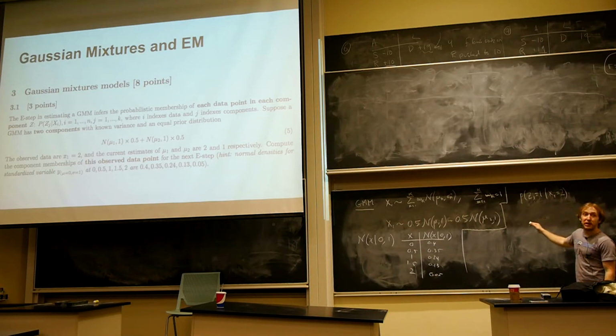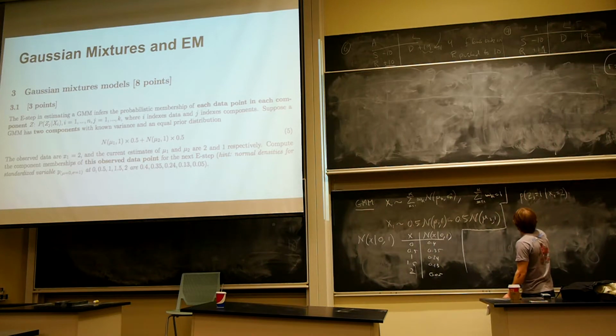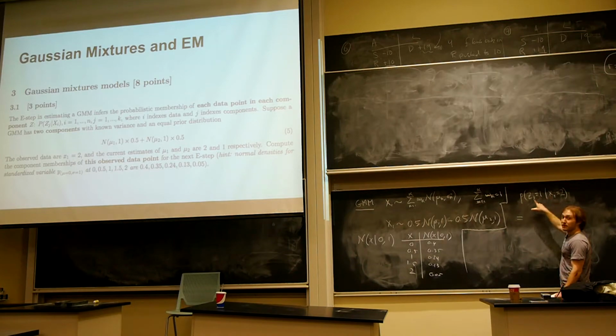So how do we compute this? The first thing we want to do is apply Bayes' law, which you probably remember. Writing it out, this is the probability of x given z times the marginal probability of z, divided by the marginal probability of x. Just a usual application of Bayes' law, which I'll write up now.